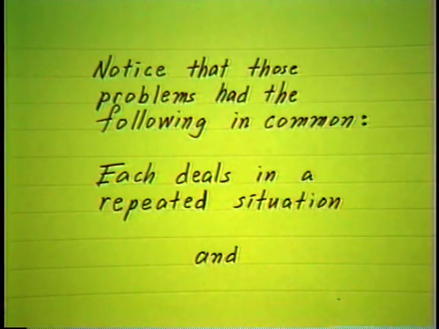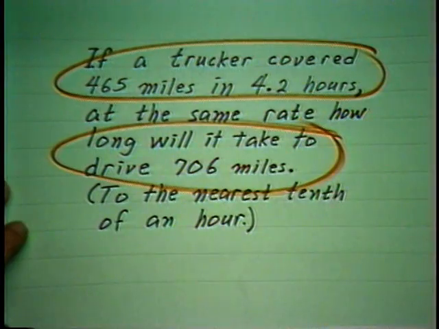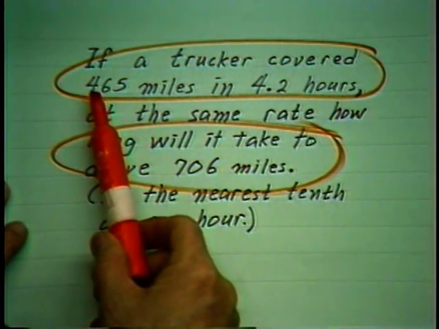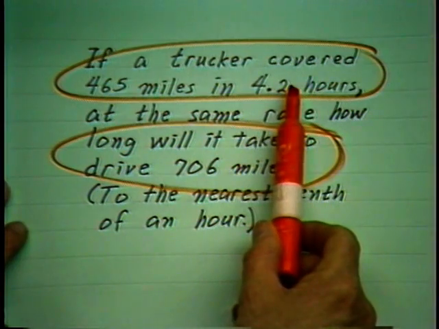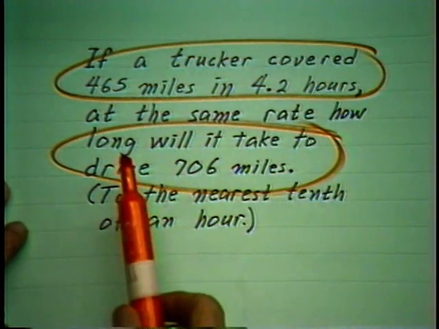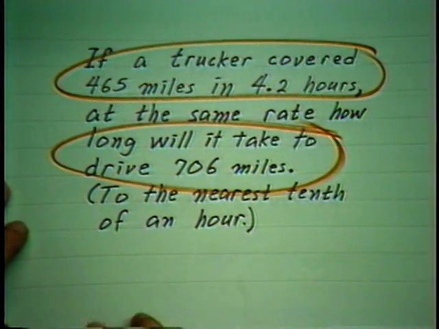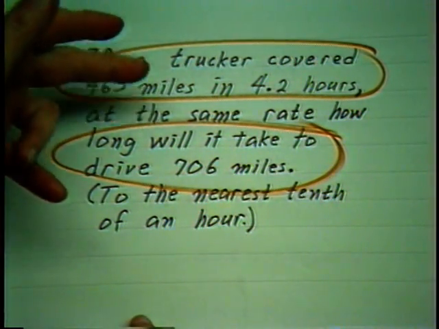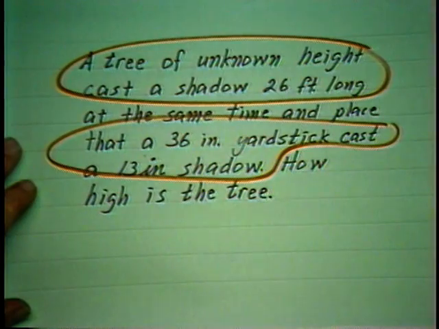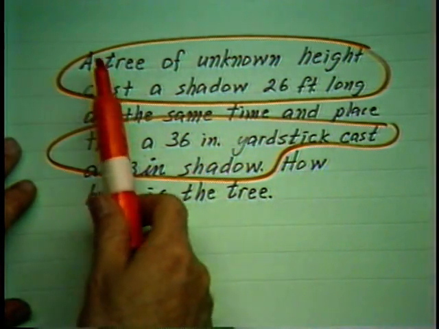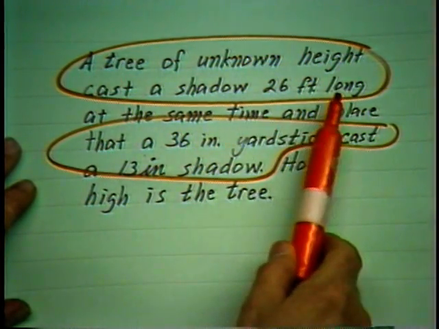Notice that those problems had the following in common. Each deals in a repeated situation. The last problem, a certain distance in a certain time. The repeated situation, a different time and a different distance. But the 2 situations dealt in distance and time. The problem before that, first situation, a tree and its shadow.